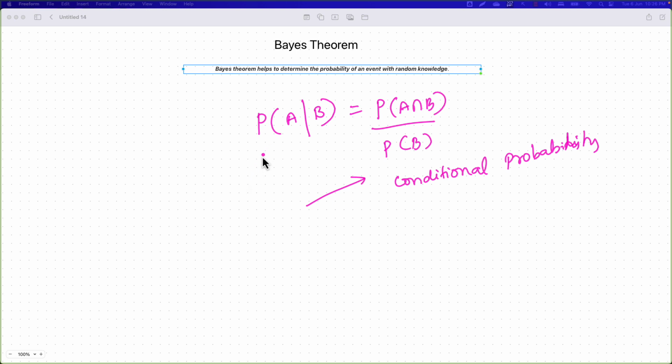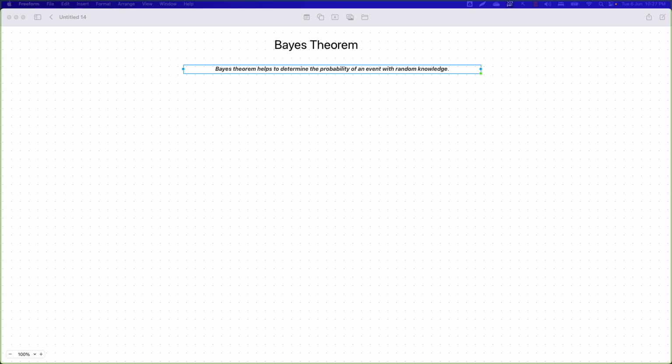In such a scenario, if I want to find the probability of occurrence of unknown event A given unknown event B, it is given by the probability of A and B occurring together divided by the probability of B. Now this is the formula for conditional probability. From this formula, we can actually derive the Bayes theorem. So let us see how we can do that.